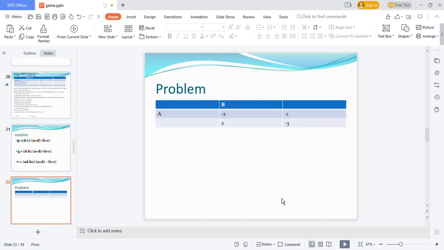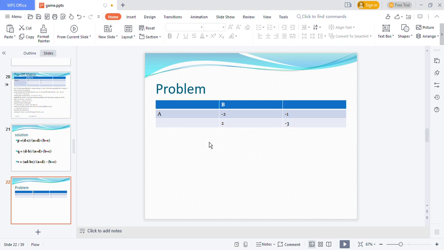So for us to do that, let's get a problem. So this is a problem that you have been given and you are supposed to determine, number one, the value of each and every player. Number two, the value of the game. How do we go about it?